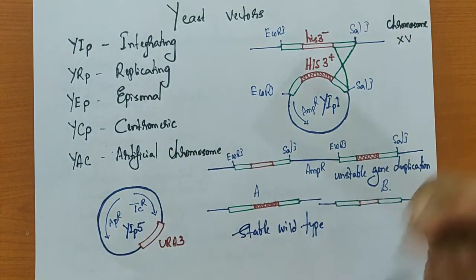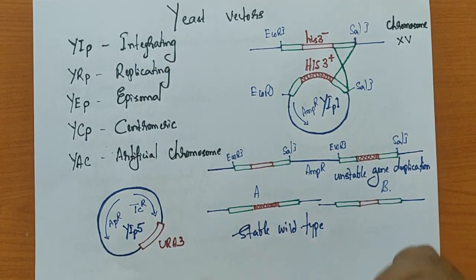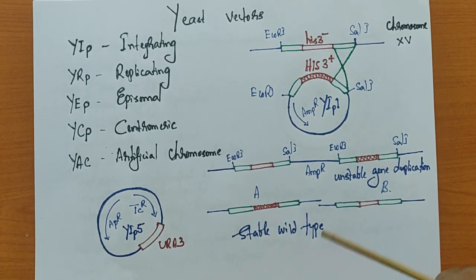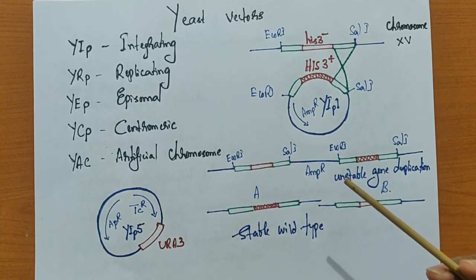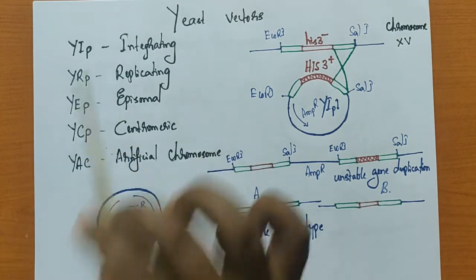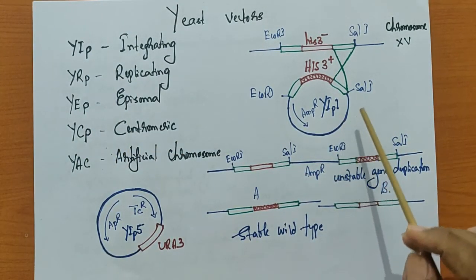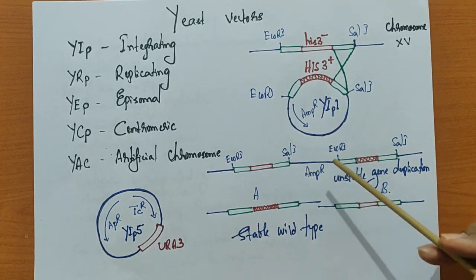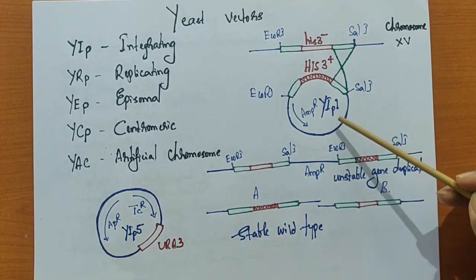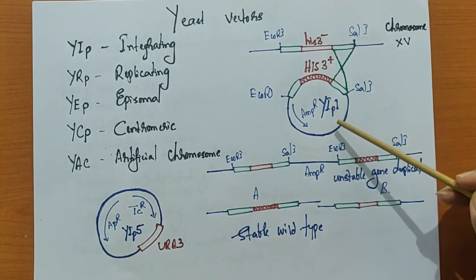What we have studied in the previous one, especially with the Hinnen experiment with LEU2, is a typical integrating vector. I'm just explaining the same thing again with a little bit more vivid detail about the yeast integrating plasmid.